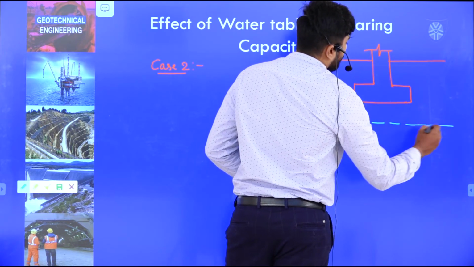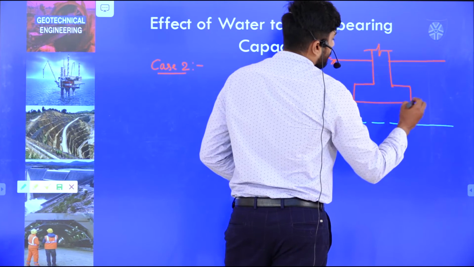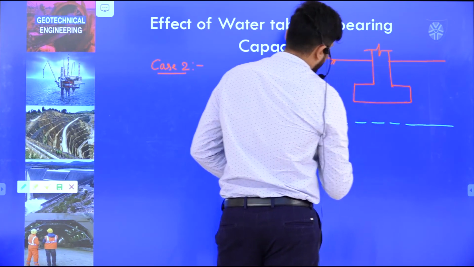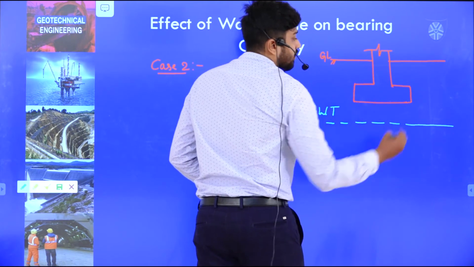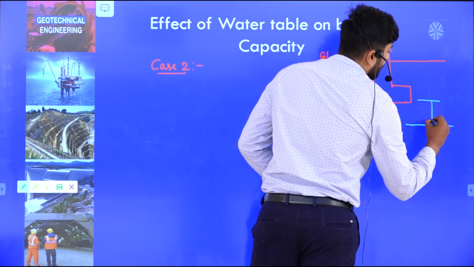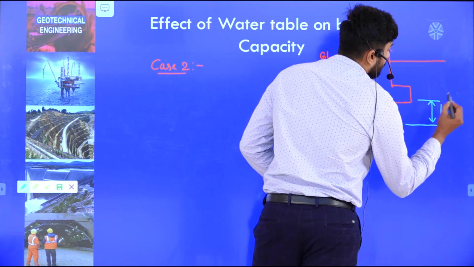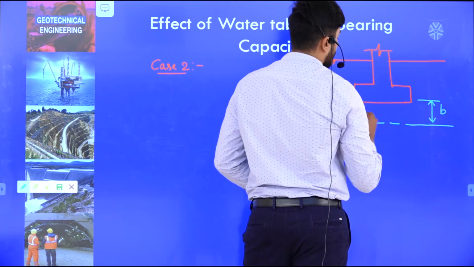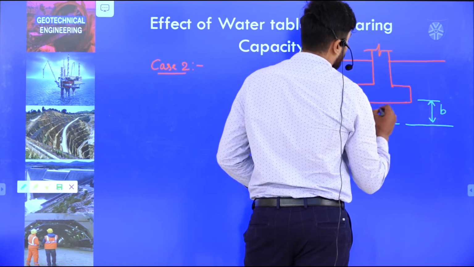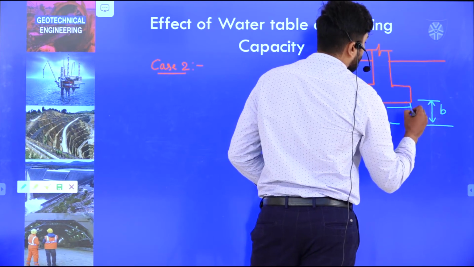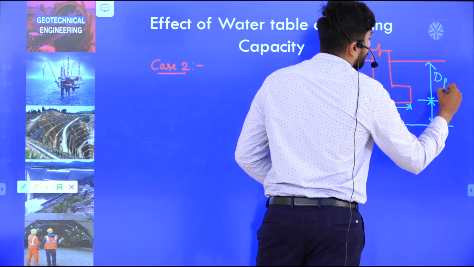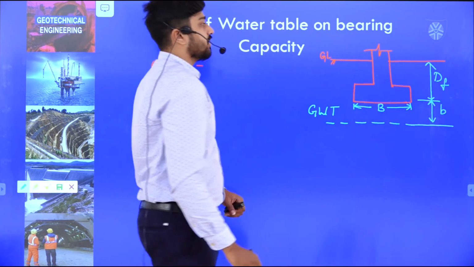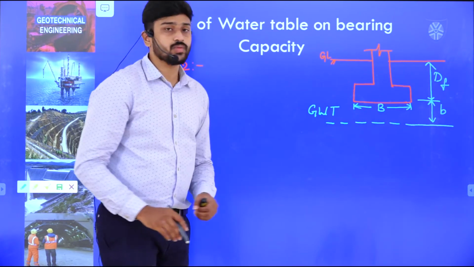Now let us consider below the foundation there is a groundwater table. This is the groundwater table. Let this be at a distance of small b below the foundation, let the width of the foundation be capital B, and this be Df, the depth of foundation. So this is our case 2.